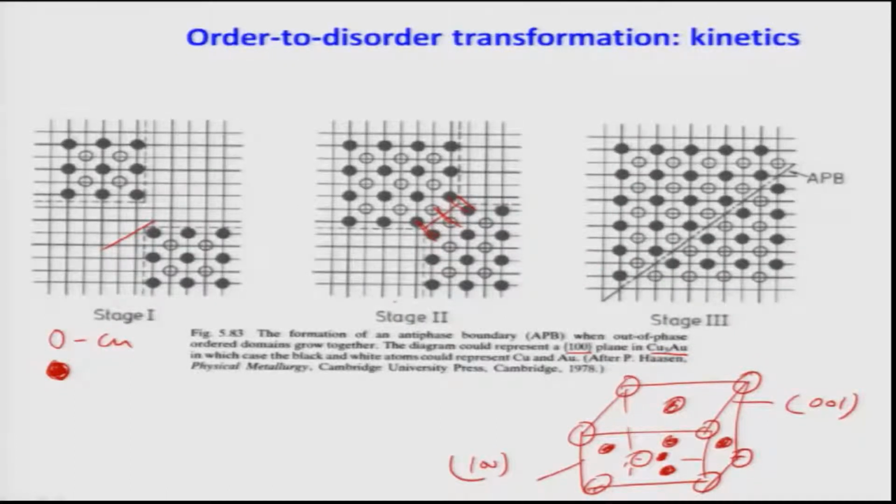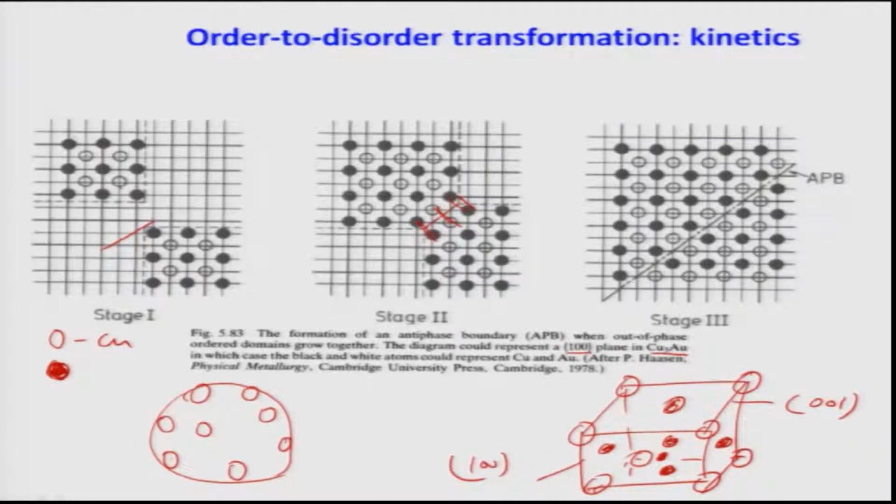But in a real picture, if I have a large grain and small domains forming inside these grains, how do these domains move, because the growth of the domains requires a bonding change.